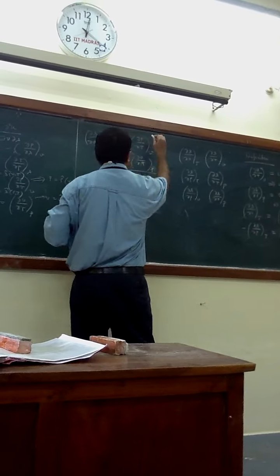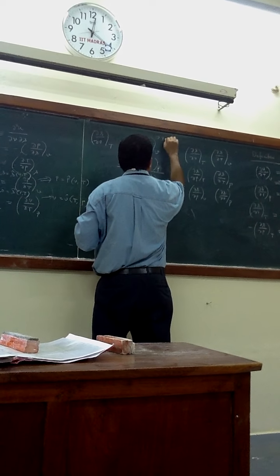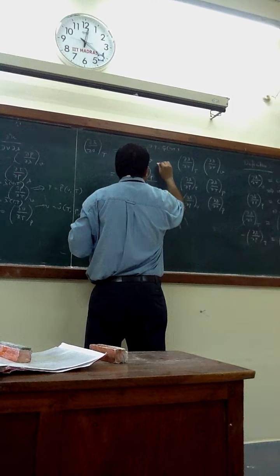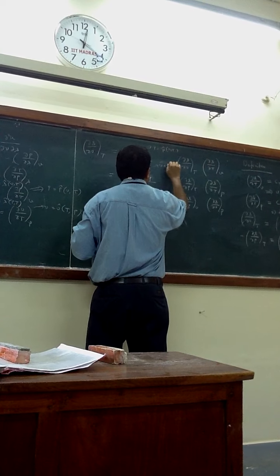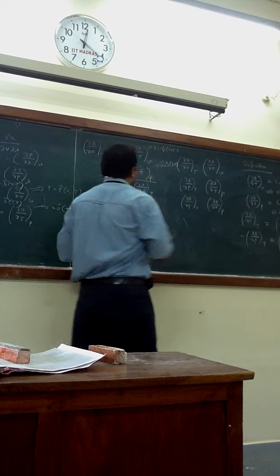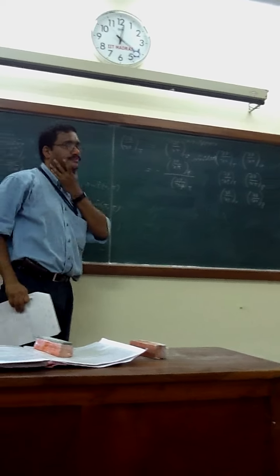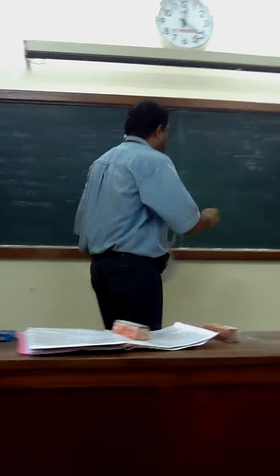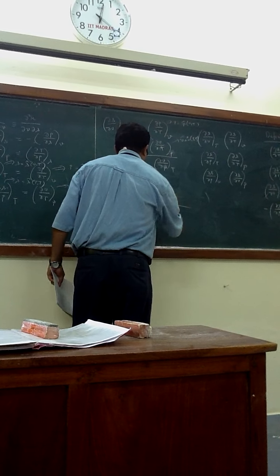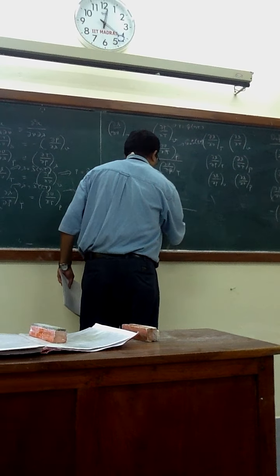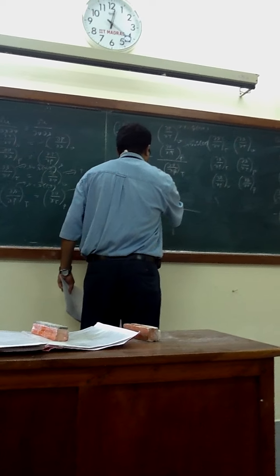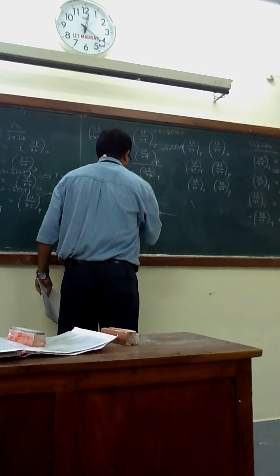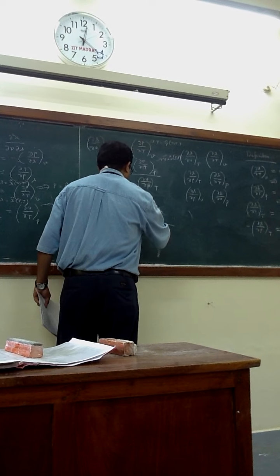So here this says that P is a function of V and T, and I am writing V as a function of P and T. When can you write this? If you look at the pressure as a function of volume, if V is increasing, pressure is decreasing.